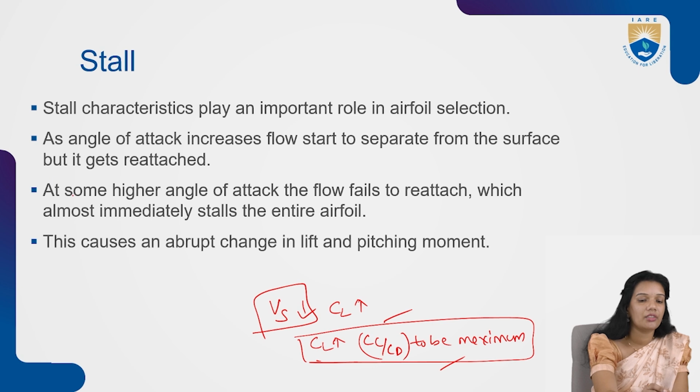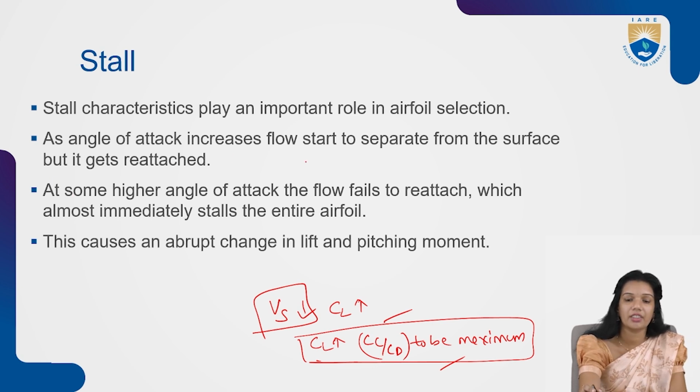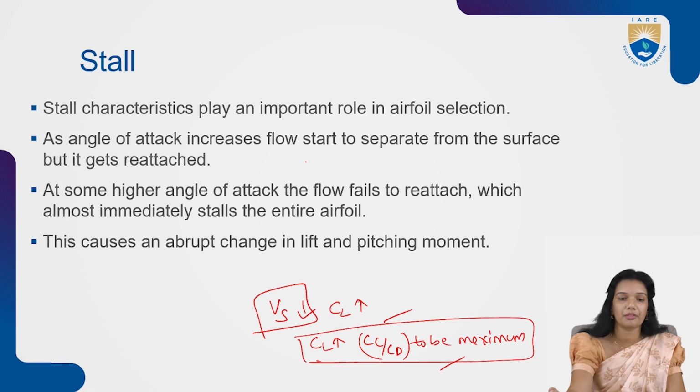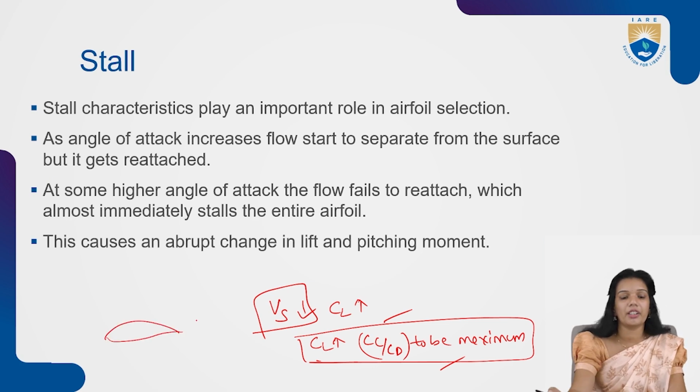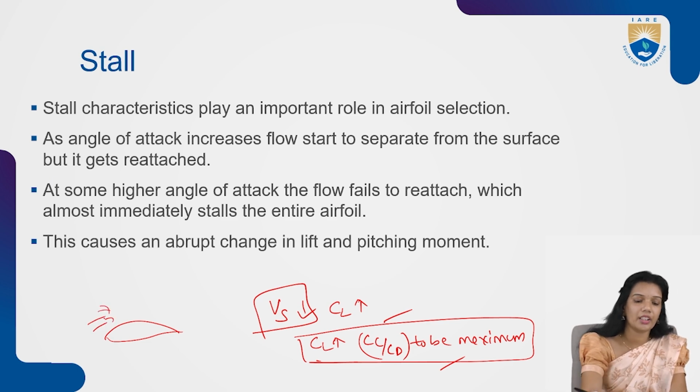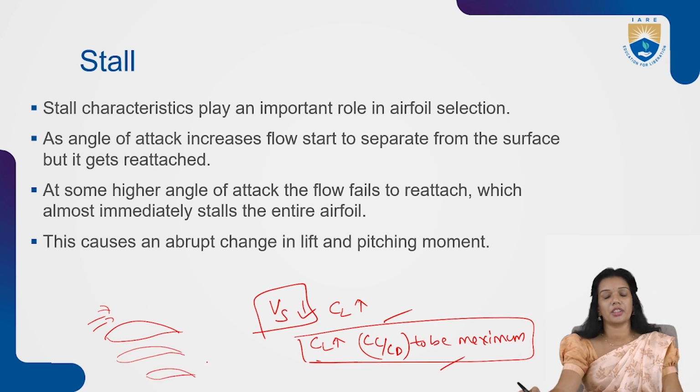Now if we look at stall separately, as my angle of attack increases, flow starts to separate from the surface. Depending on my angle of attack, maybe the flow is accelerating well, and then you might have that separation. This differs between two different types of airfoils.